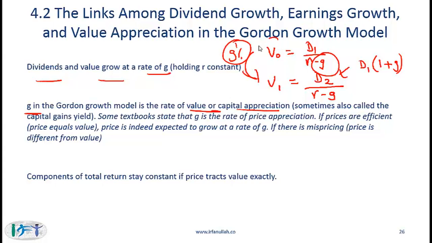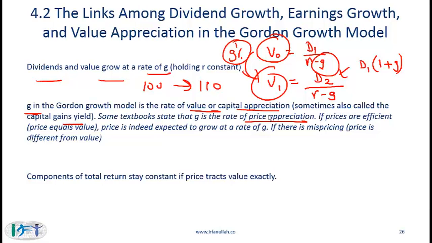So G is the rate of appreciation of value, sometimes also called the capital gains yield. So if your value increases from 100 to 110, what is the capital gain? It is 10%.